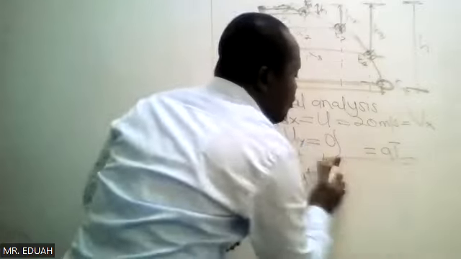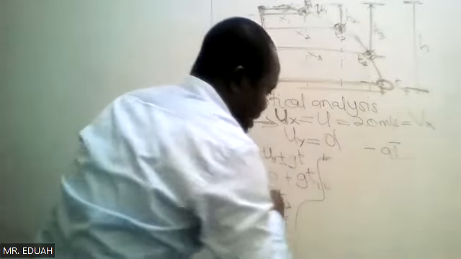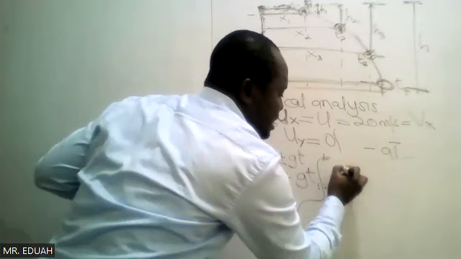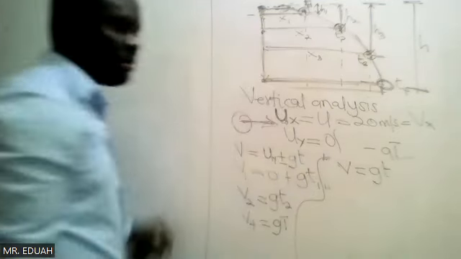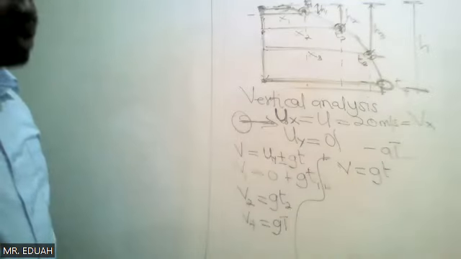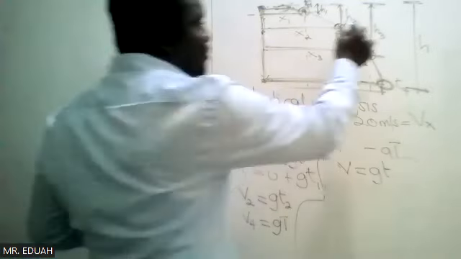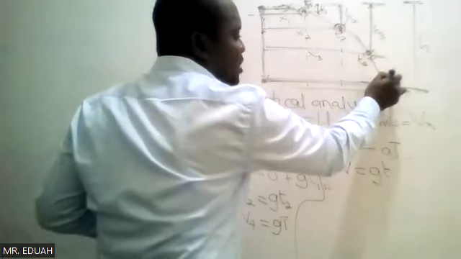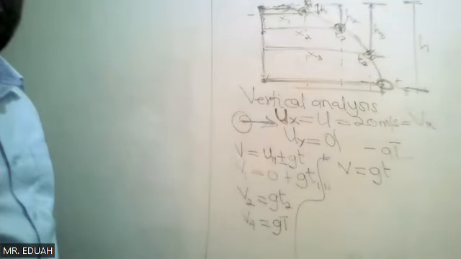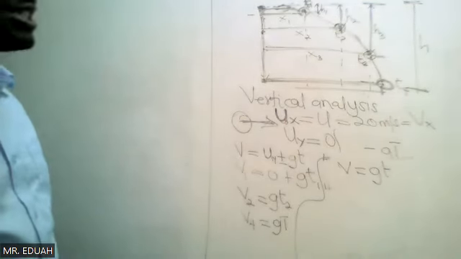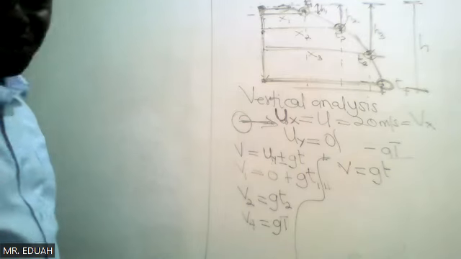But for anything vertical, the vertical velocity V is equal to g times T. The vertical velocity just before the body hits the ground will be equal to g times the time of flight. So this is how to analyze the velocity of the body as it drops.